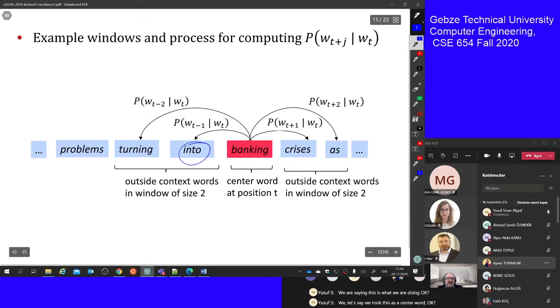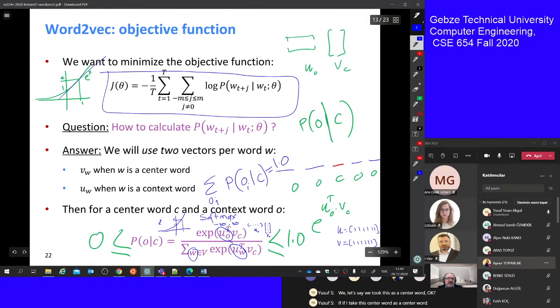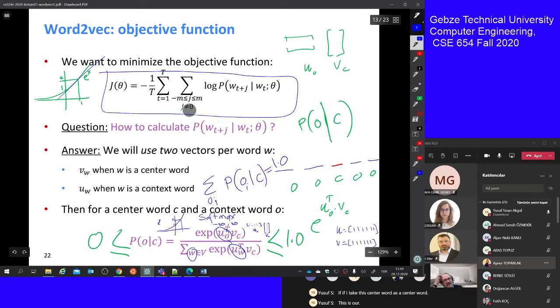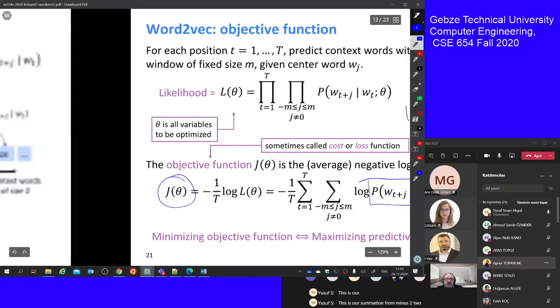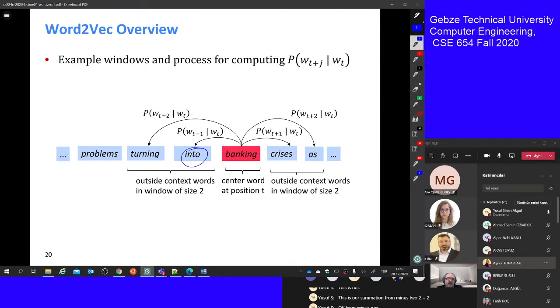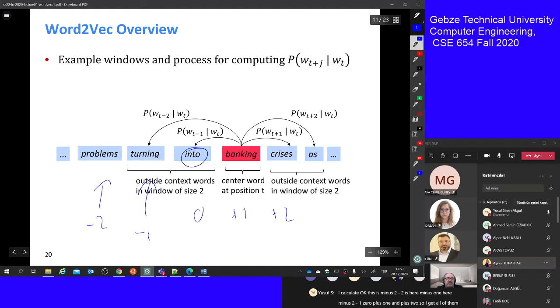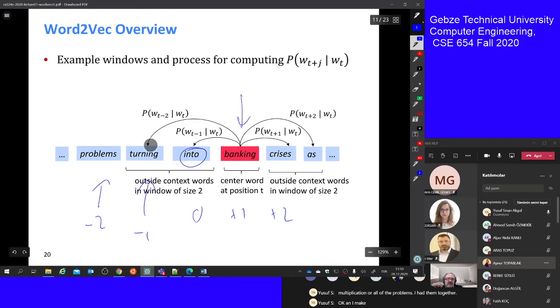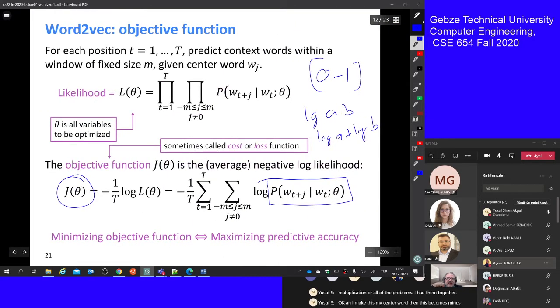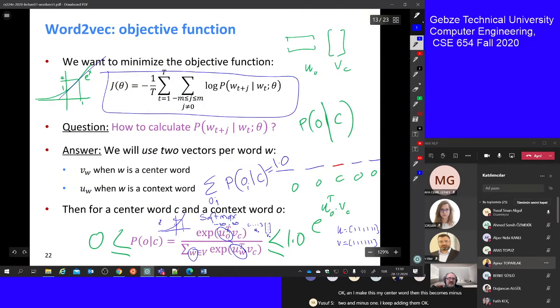Our summation is from -2 to +2: -2 is here, -1 here, 0, +1, and +2. So I get all of the probabilities and I add them together. And I make this my center word, then this becomes -2 and -1. I keep adding them in this case.